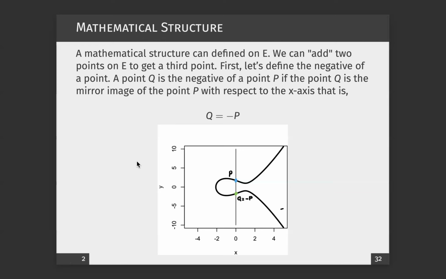A point Q is the negative of a point P if point Q is the mirror image of P. As you can see here, you have P, and the negative of P is its mirror image. If you have a line that intersects the curve perpendicularly, the point that you get here is the negative of P. So now we have defined the negative of a point. That's the beginning of our algebra.